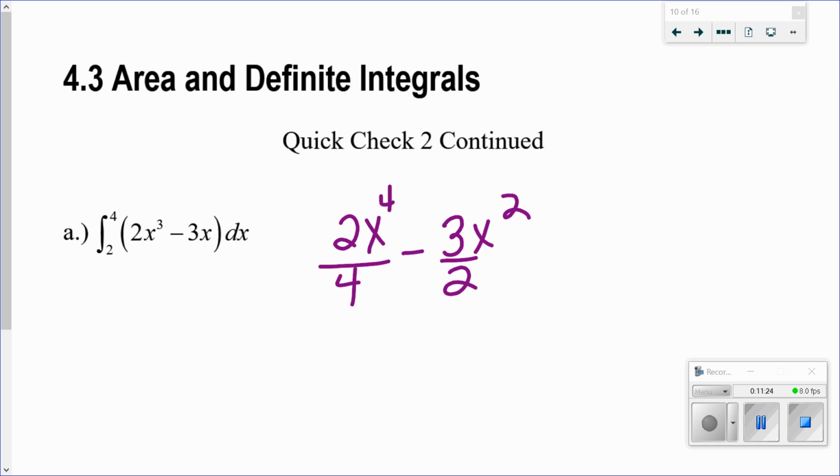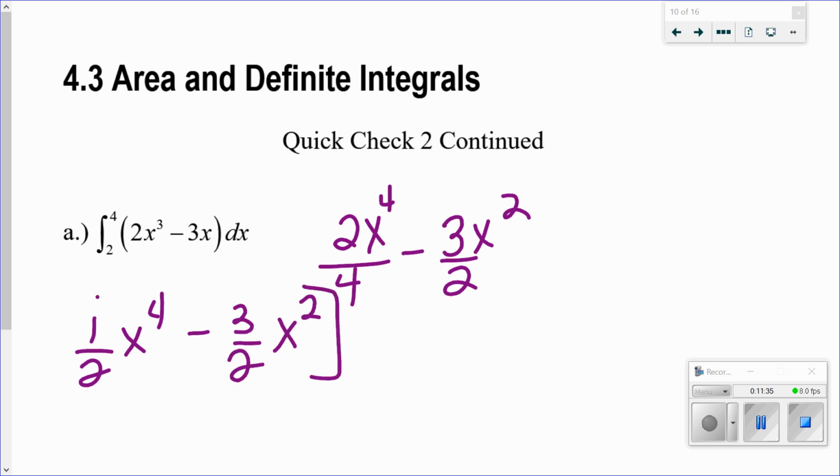Let's go ahead and simplify that. So I get 1/2 x to the 4th minus 3/2 x squared. And I need to evaluate that at 2 and at 4. Okay, so go ahead and put that in your calculator.